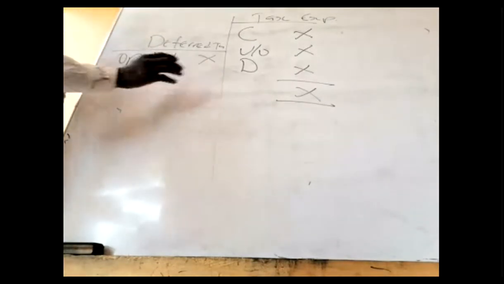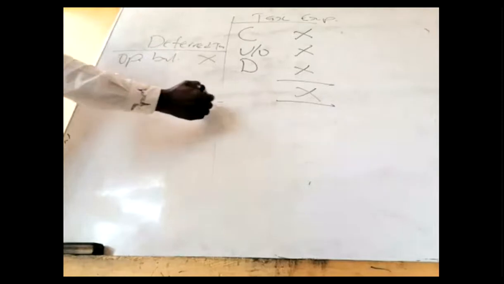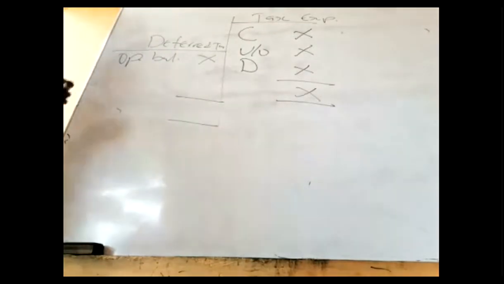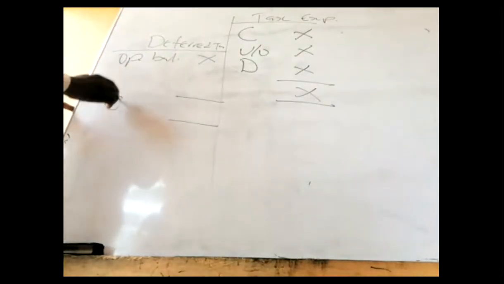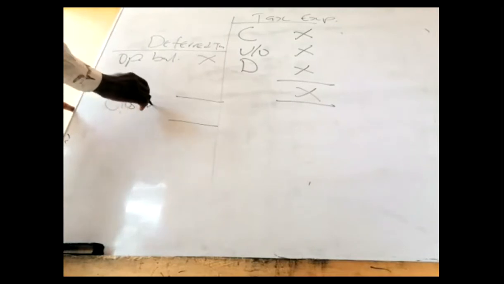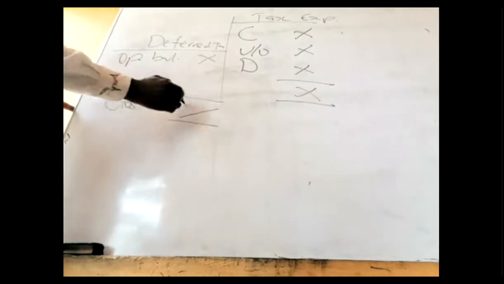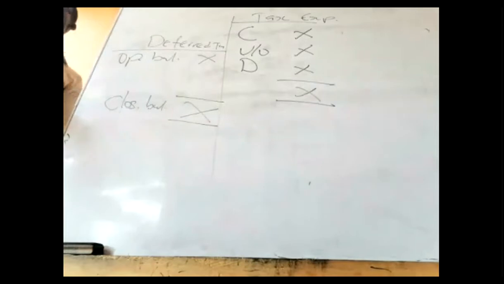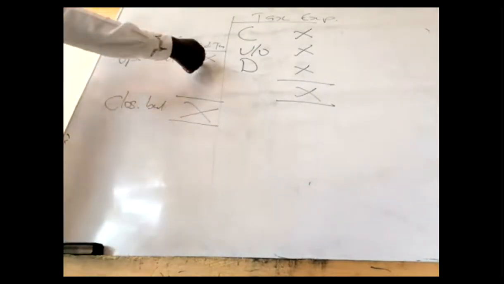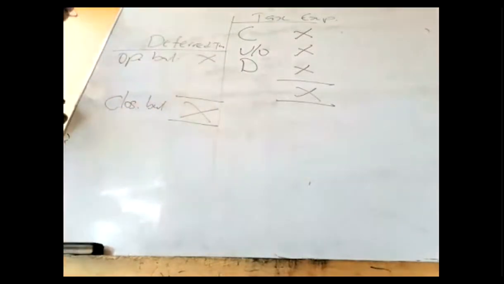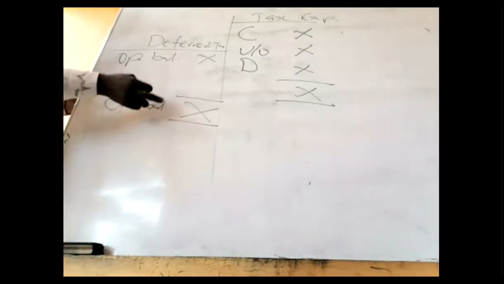Leave enough space here and come and write the closing balance. So put the closing balance here. Closing balance, so much. Then after that, they tell us how the movement is, the movement between the open balance and closing balance.